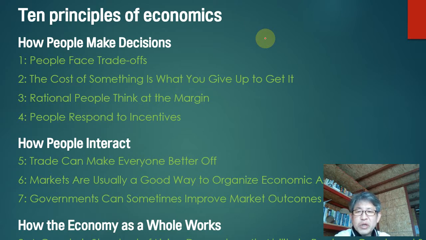We can divide these 10 principles into three divisions. First, how people make decisions. This is a personal level concept, right? Next, we have groups, and how people interact.